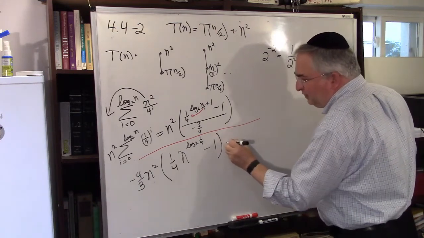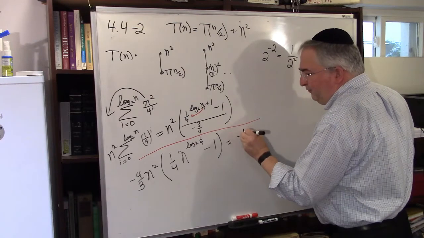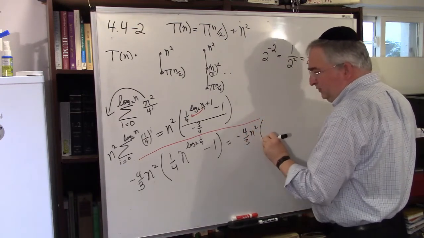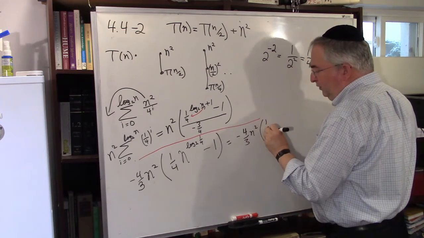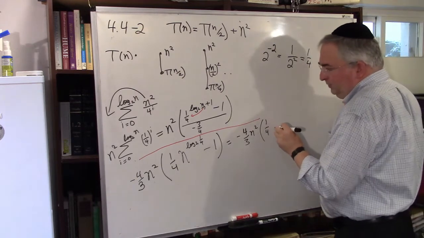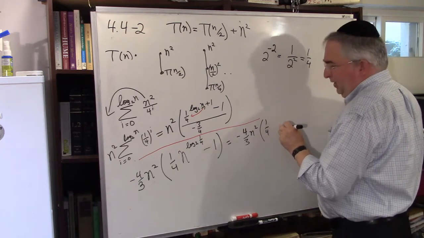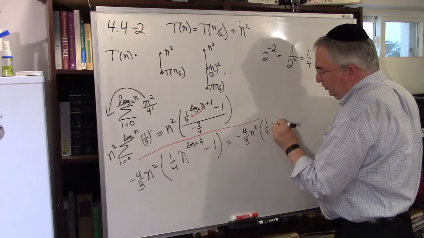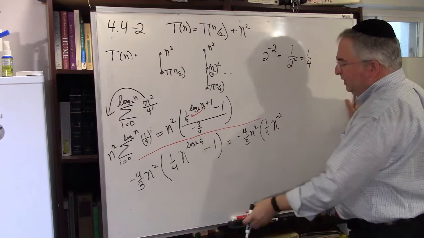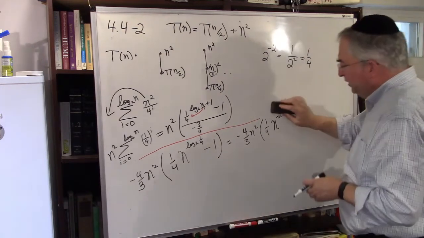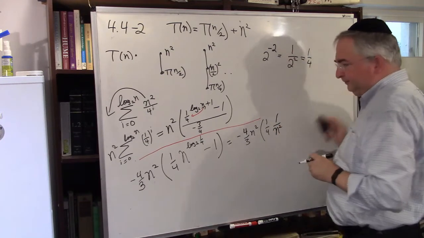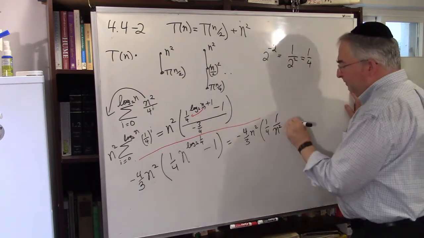So this becomes minus 4 over 3 n squared times 1/4, and this becomes n to the minus 2. Let's write n to the minus 2 another way. So this becomes 1 over n squared, minus 1.